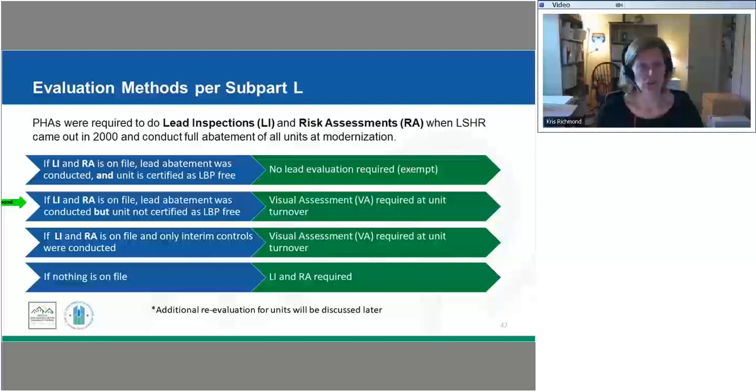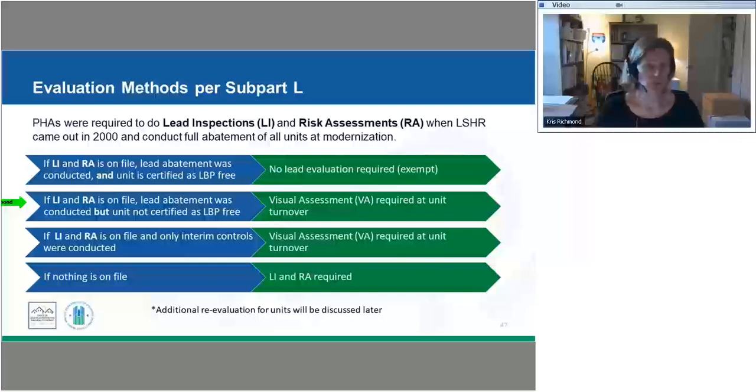During that visual assessment, the inspector identifies deteriorated paint, paint chips, and other debris, and he's going to have a record of the visual assessment.